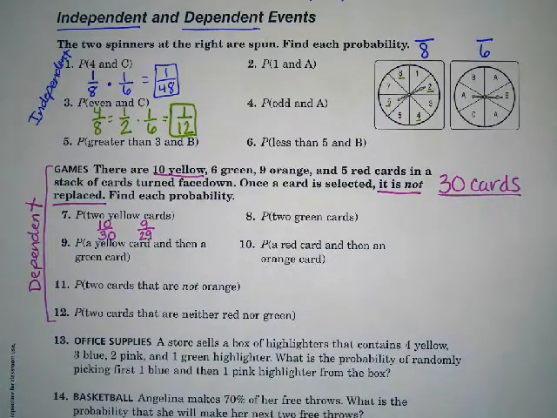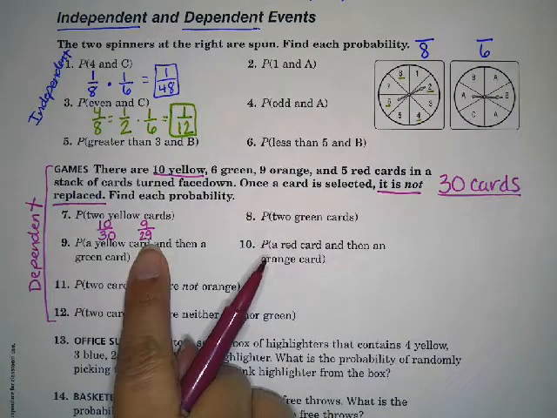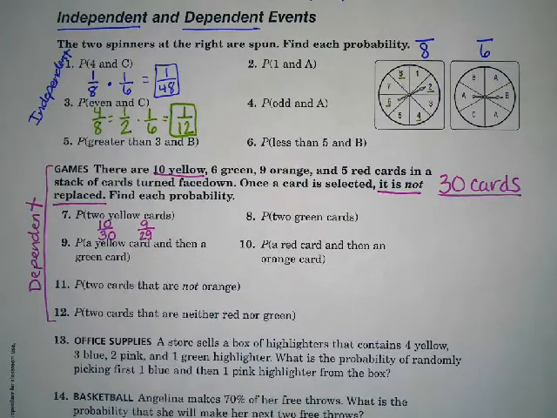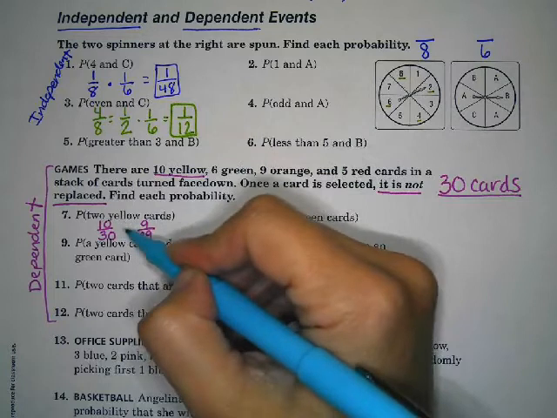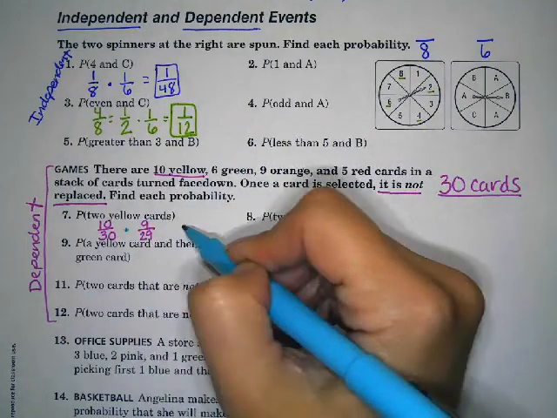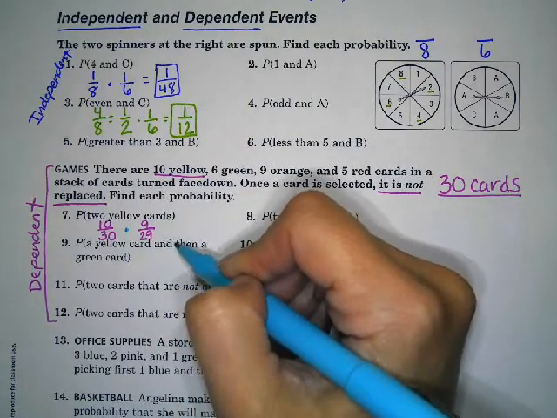So when we simplify this, our second probability of picking a second yellow card is 9/29. Now we're going to go ahead and simplify and multiply. When you're doing your simplification, you can use your calculator and multiply. 10 times 9 is 90, and then 30 times 29 is whatever that is.